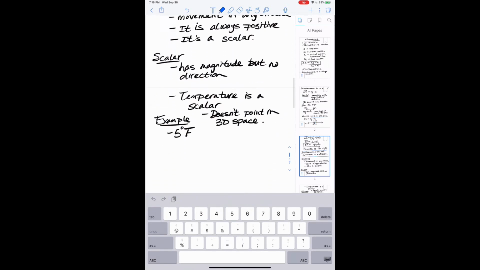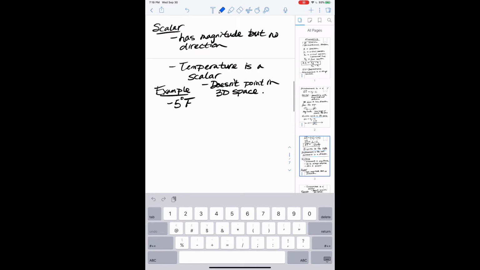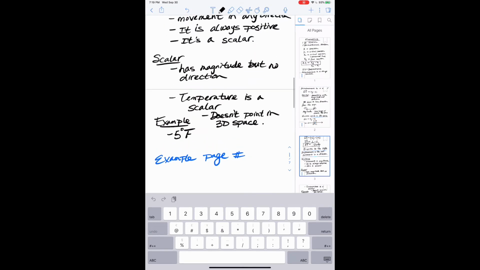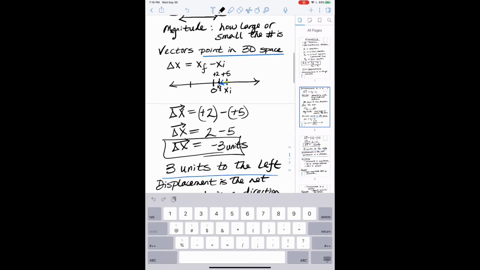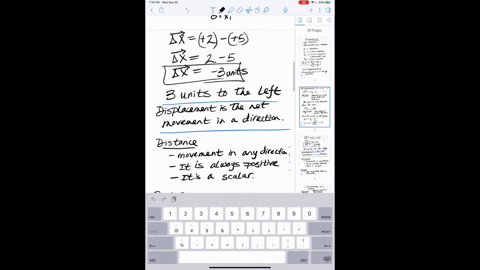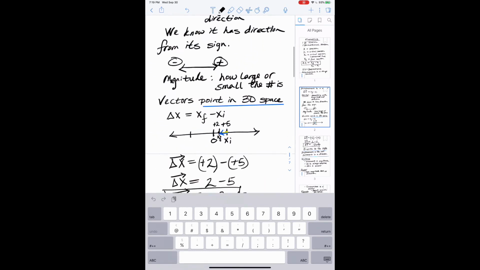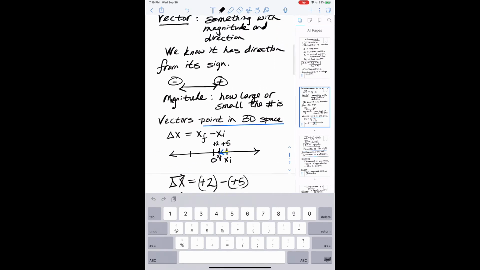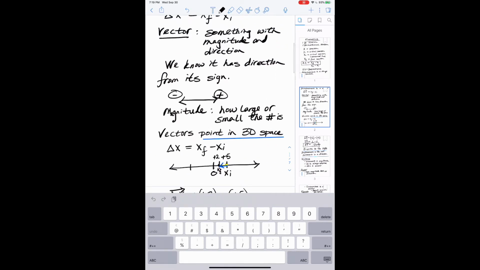Some things are obviously scalars. Another example of a scalar would be page number. Things that are vectors: displacement is obviously a vector.